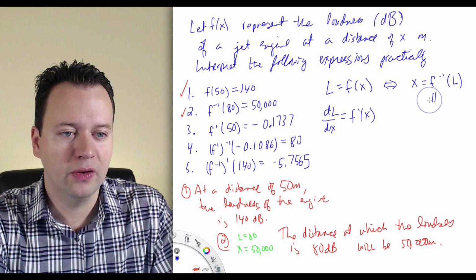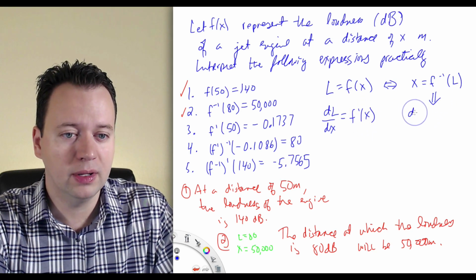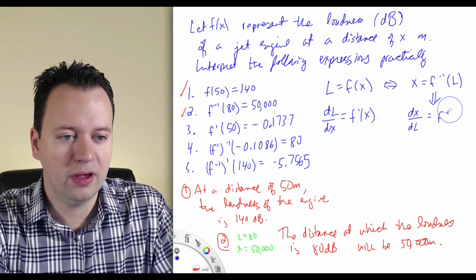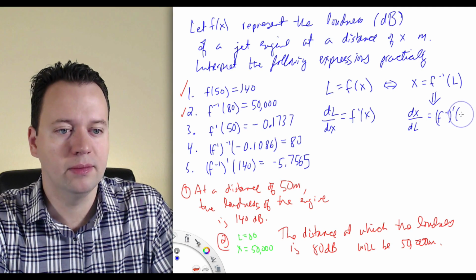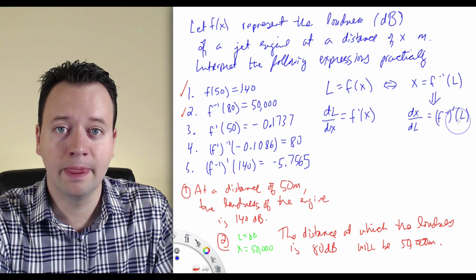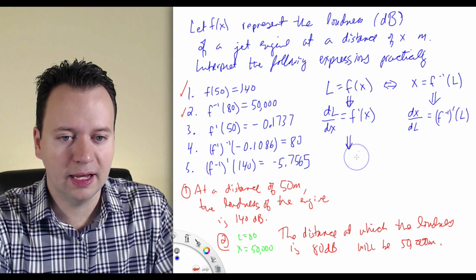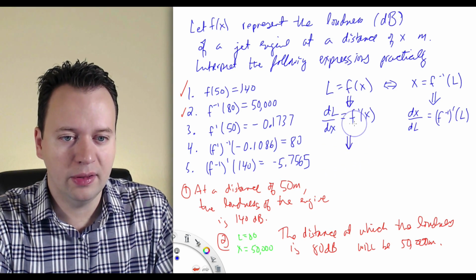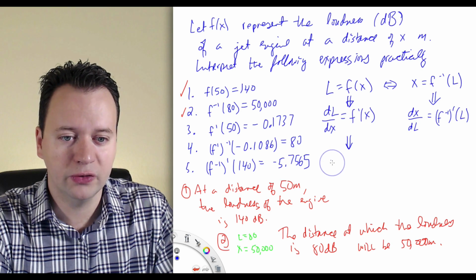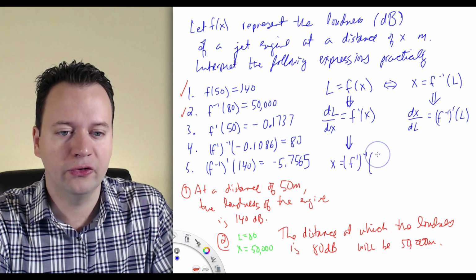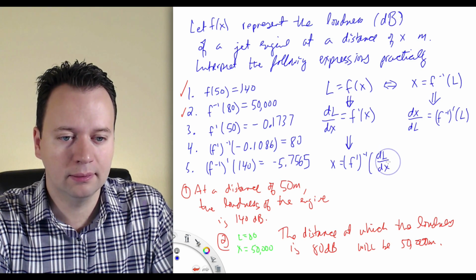And then taking the derivative of the inverse function, we get dx dL is equal to f inverse prime of L. And then the final segment will be the inverse of this one. So the inverse of this, we would get x is equal to f prime inverse of dL dx.